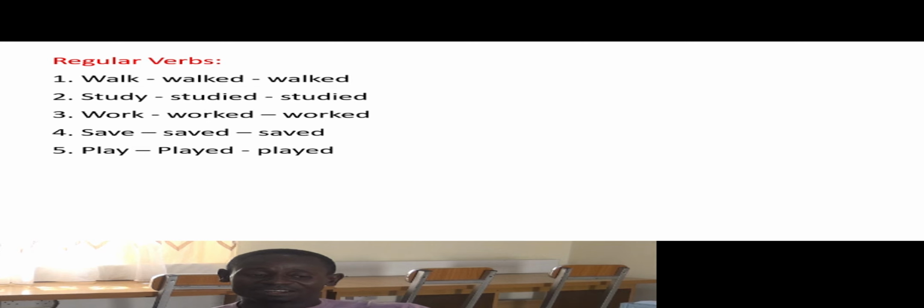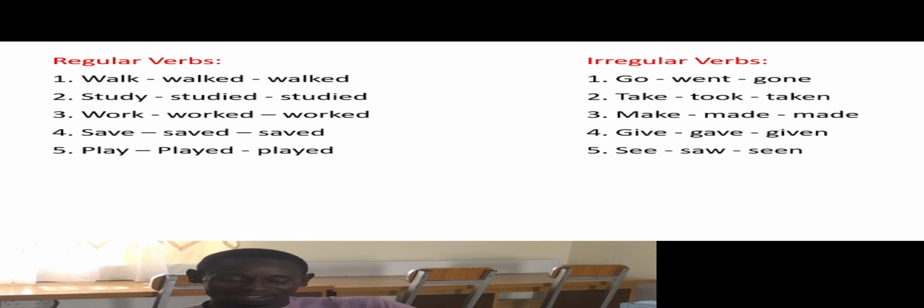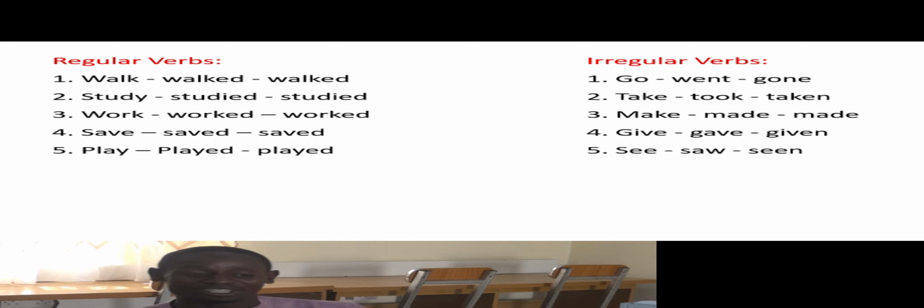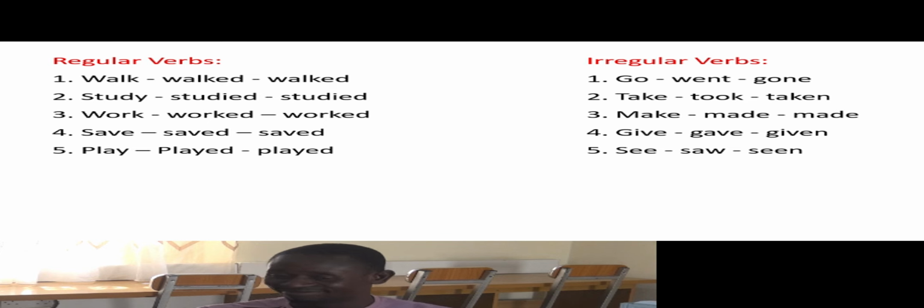Now, we have the irregular verbs. These irregular verbs, like we say, do not follow the usual ed format to change them from the present tense to the past tense. Here are some examples. Go, and like you know, the past tense of go is went, not goed, right?